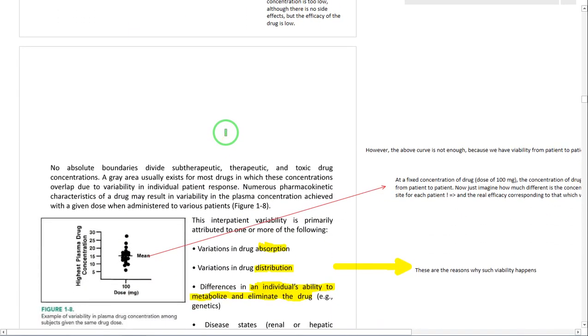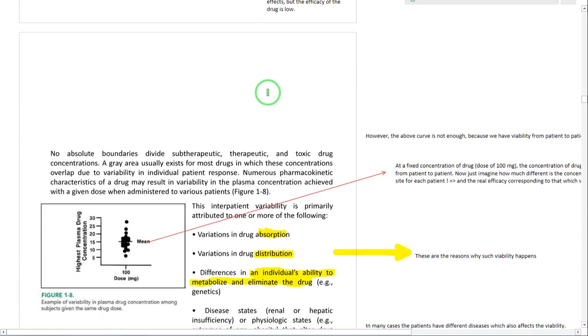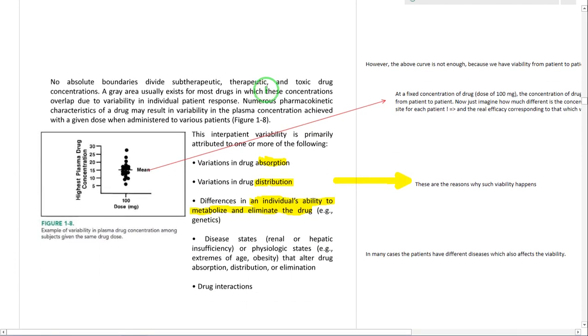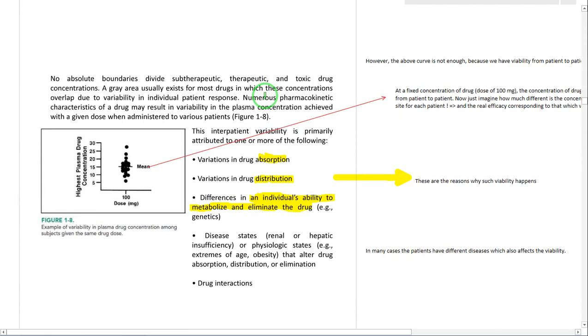So let's have a look at another thing. We mentioned that the variability from patient to patient is different. For example, consider that a certain amount of drug is fixed, but for different people.